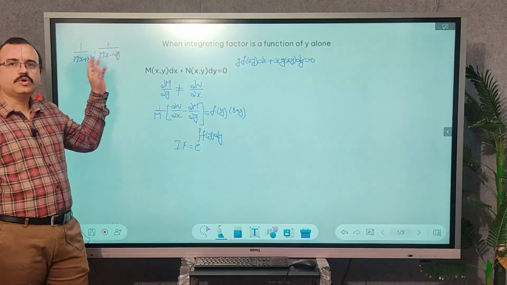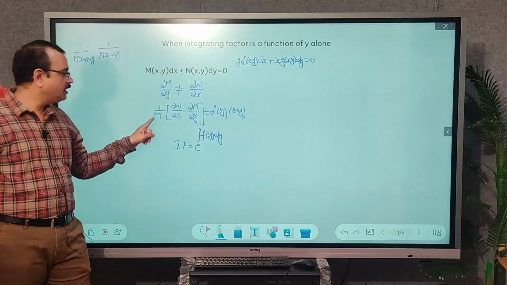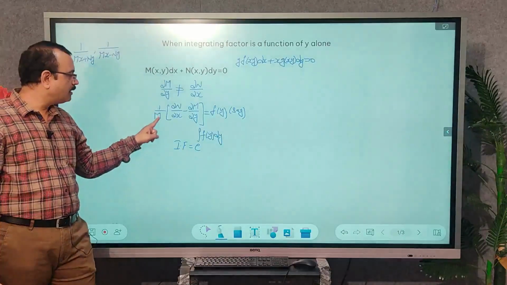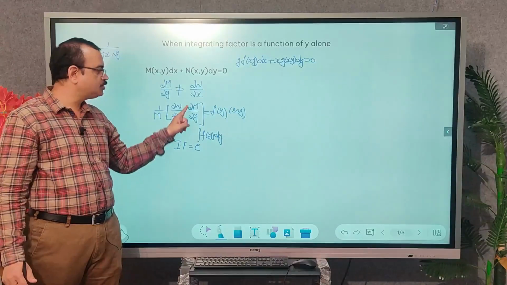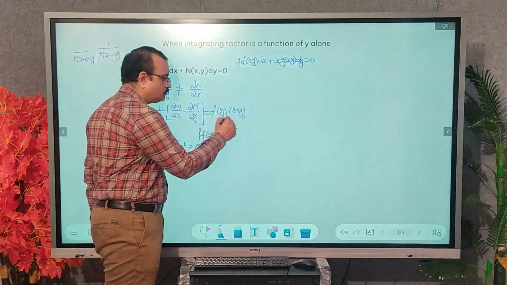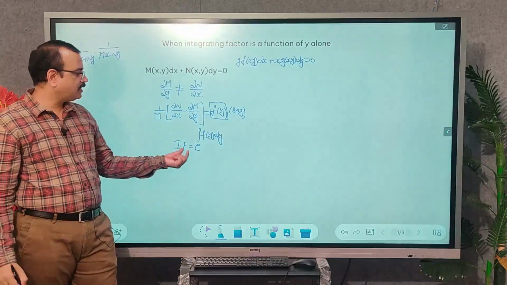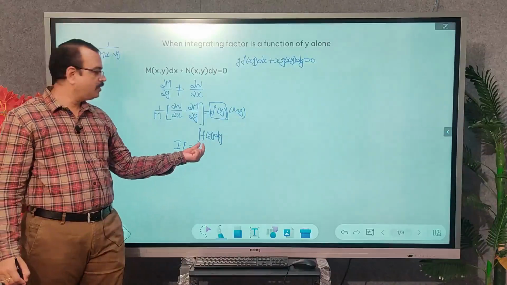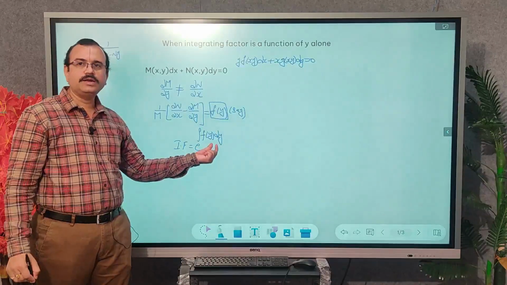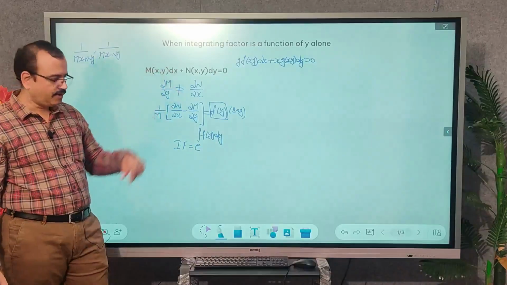If those two are not the cases for the given DE, then we need to check this value 1 by m into dou n by dou x minus dou m by dou y. If it is a function of y alone, some f of y, then the integrating factor is of the form e power integral f of y dy. So this is how we can identify this integrating factor.